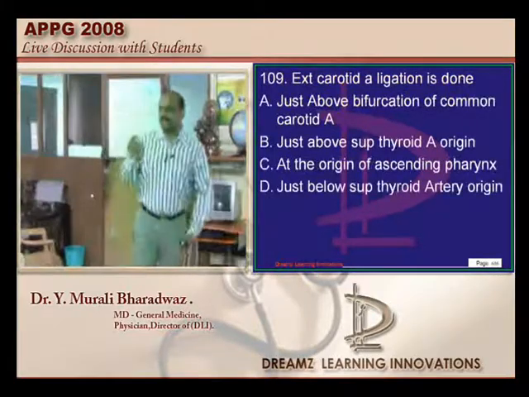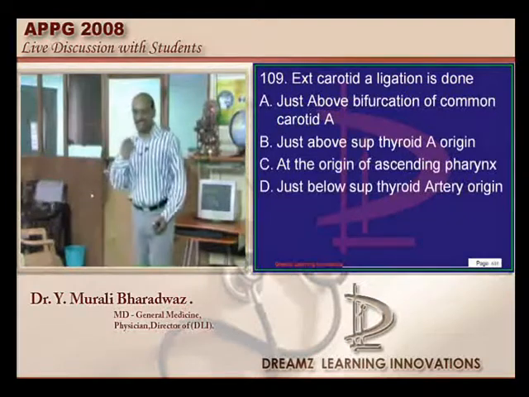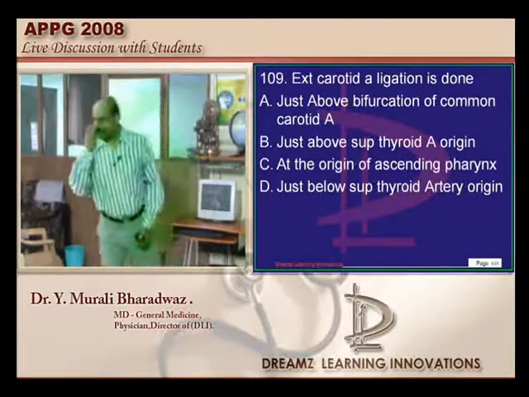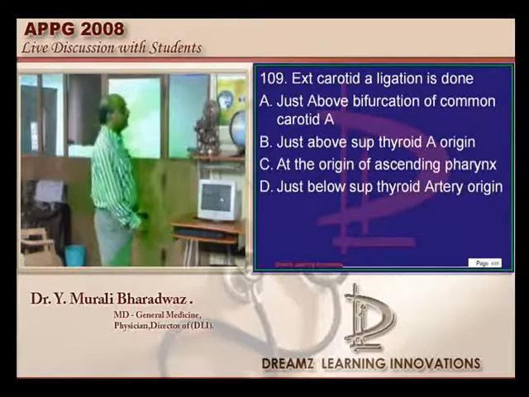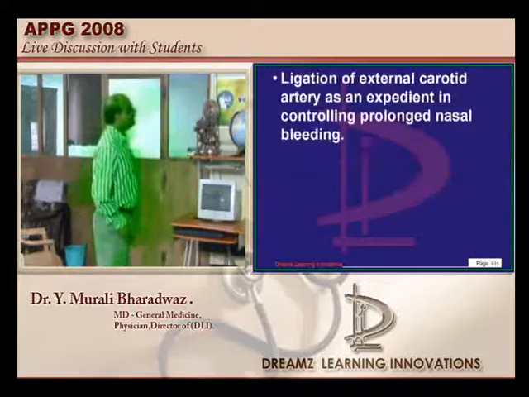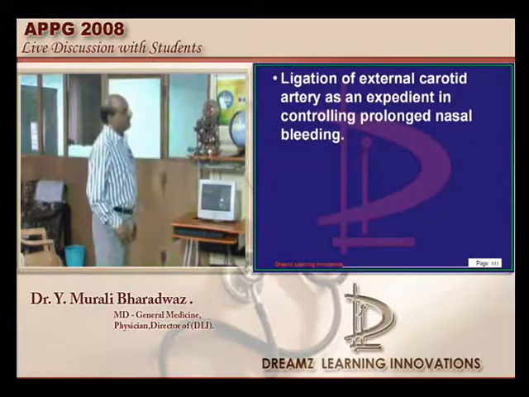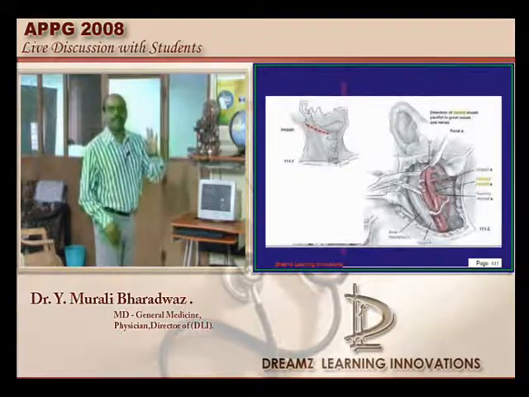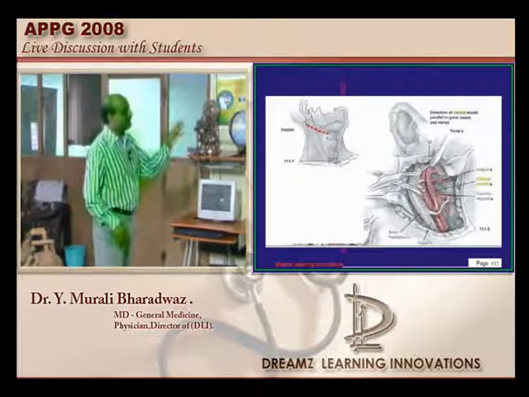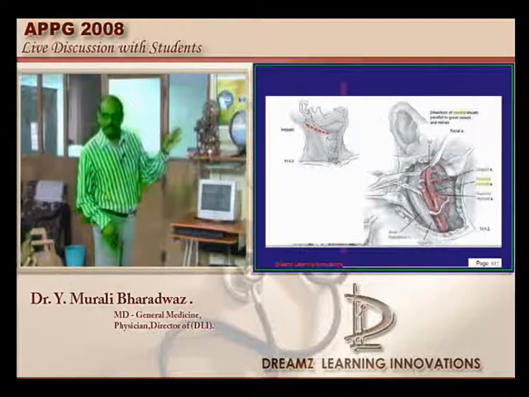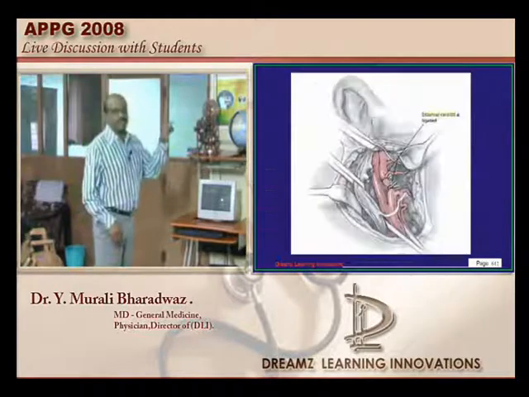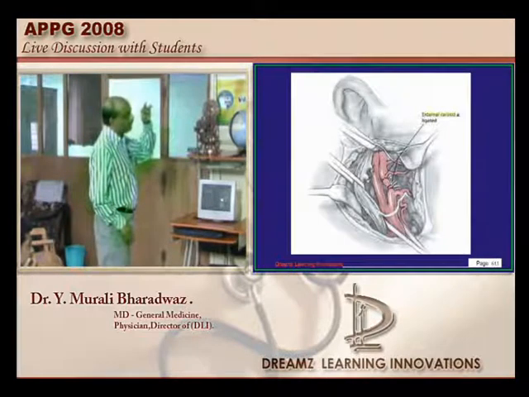External carotid artery, where do you ligate it? Whenever you are operating to control the nasal bleeding as an otolaryngologist. We make an incision like this, doctor, and we look for where is the common carotid, and external and internal carotids are seen arising out of that. And then in the external carotid, we will be looking for two important branches.